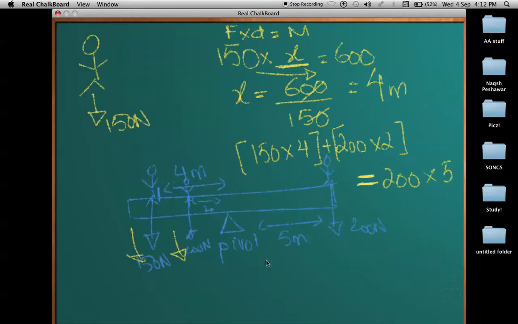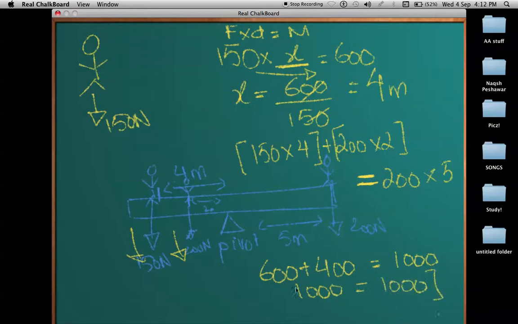So 4 into 150 we know is 600, plus 400, is equal to 1000. The left hand side is equal to the right hand side. So in this case, this will not move and will stay in equilibrium.